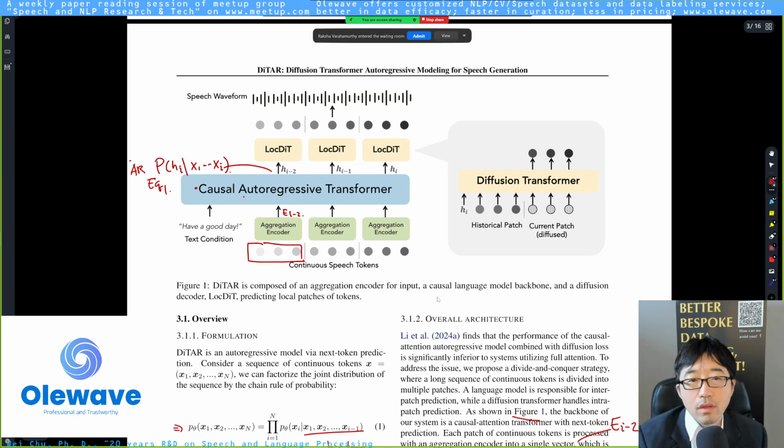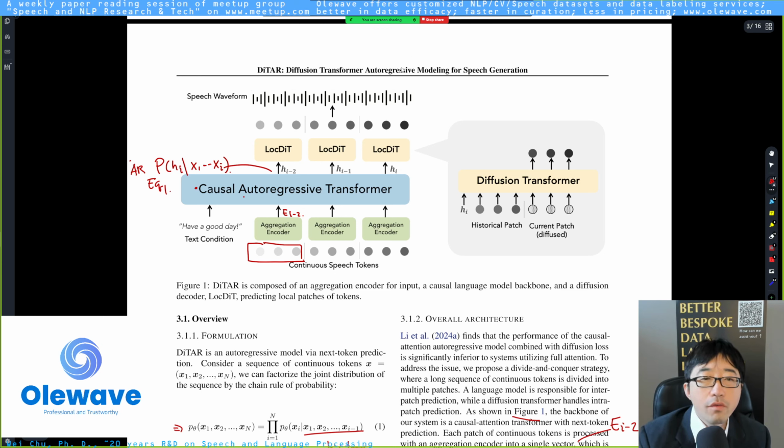And then when you get to the DiT, it's all about how to go from the embedding into the patches. So x i to x i plus P are given h sub i, right?